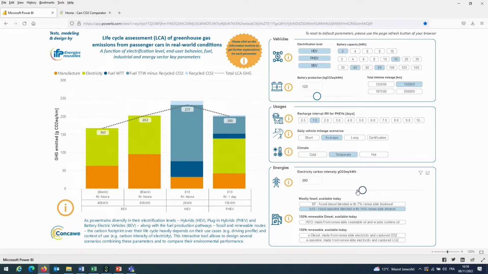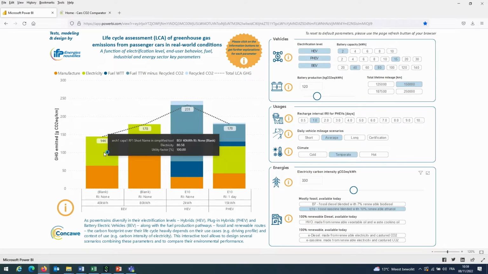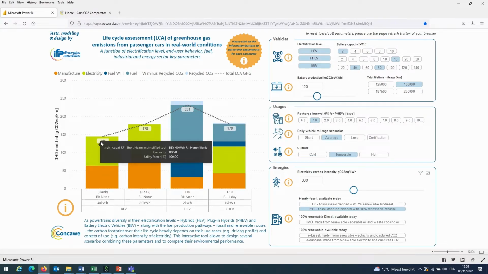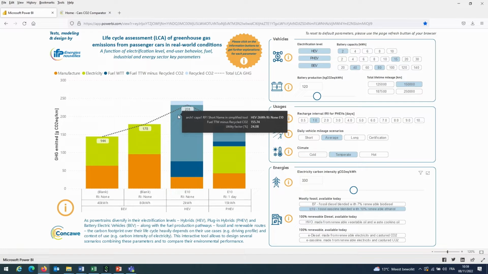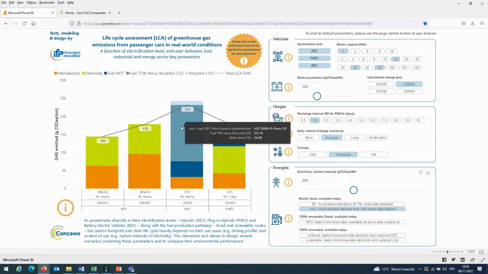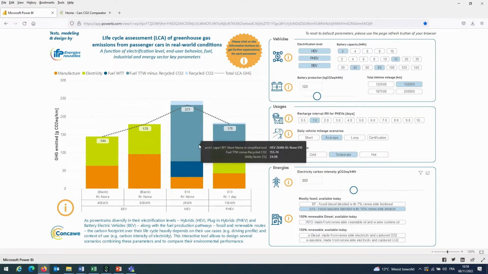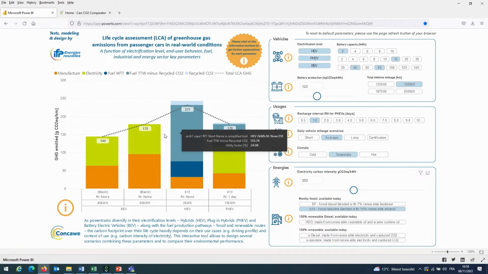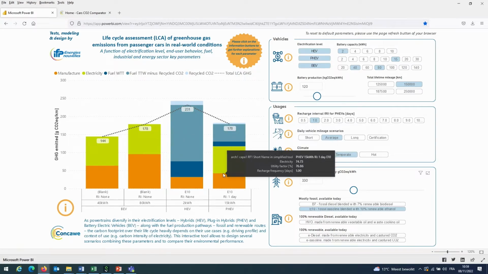Now moving to average Europe. Still have the same results. The BEV is the best in class. The small electric car is the best in class. The hybrid car starts to be the worst one. And you still have a competition between the big battery electric vehicle and the plug-in hybrid electric vehicle, providing that it is recharged every day.